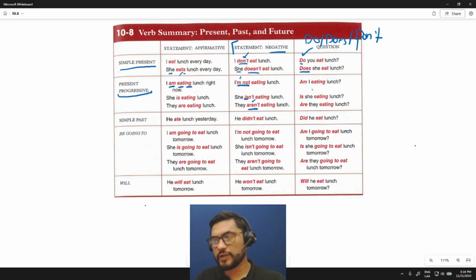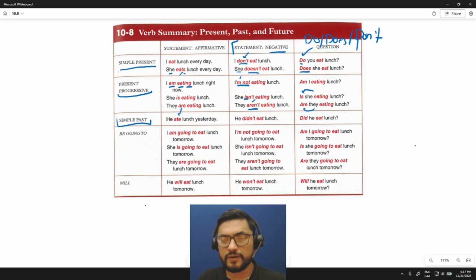Same thing for question. We move the verb to the beginning or to the start of the sentence. Is she eating lunch? Are they eating lunch? We also have a different intonation. In level 3, we talked about simple past time.